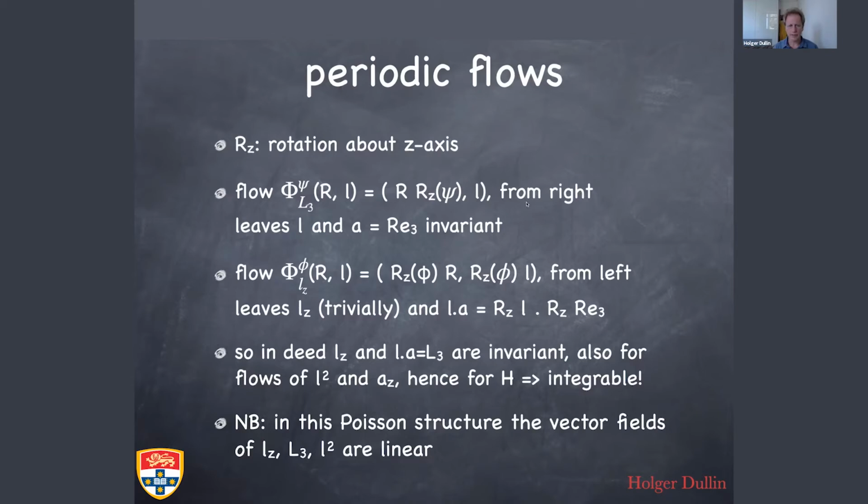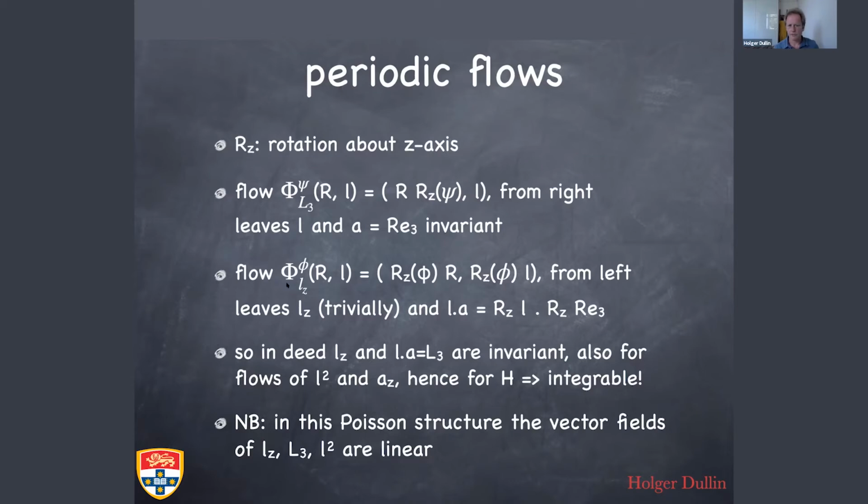And this is now a simple computation because the vector fields of L3 and Lz are actually linear in these coordinates. So you just solve them and find this result.